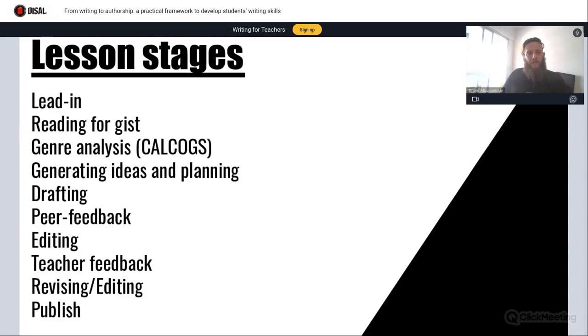After they wrote their first draft, they got peer feedback from each other, and then at home they edited the text, got feedback from the teacher, revised or edited their texts, and then published in a blog that they created for the group.